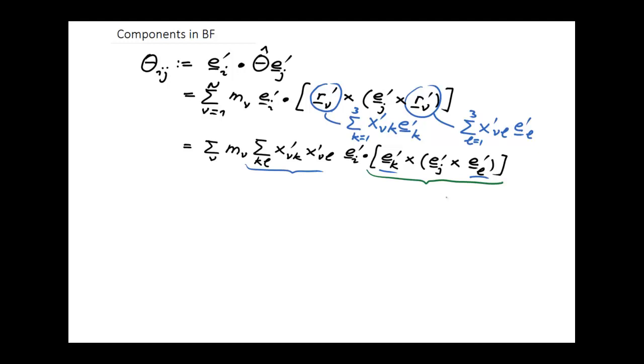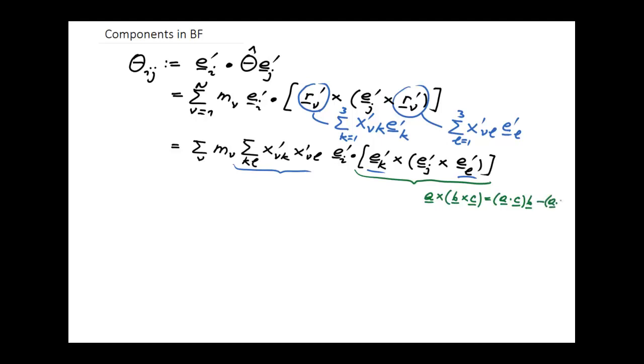The general formula reads A vector product with B vector product C. The formula for that is A scalar product with C times B minus A scalar product B times C. You can use that to say inside this bracket we have e_k prime scalar product with e_l prime times e_j prime minus scalar product e_k primed with e_j prime times e_l prime.